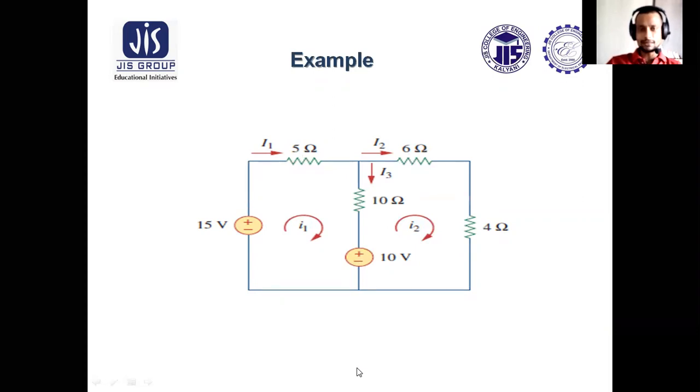So what we discussed here, we have discussed basic concept of mesh analysis. We have discussed the steps involved to calculate current through a particular branch or voltage across a particular branch using mesh analysis. Next we discussed concept of super mesh, and later we validated the steps with the help of one example.